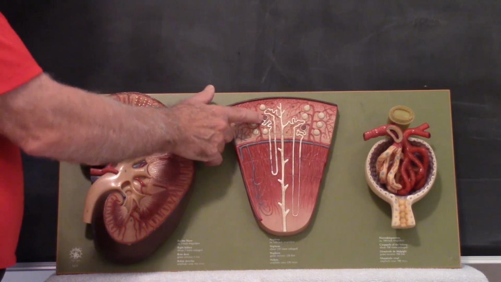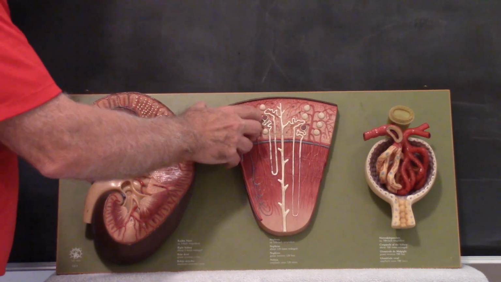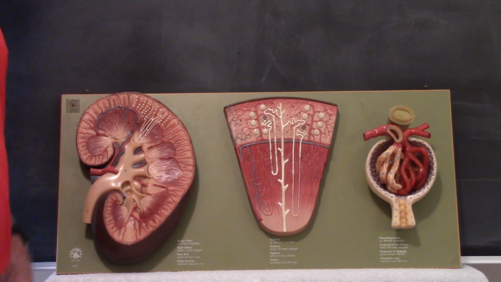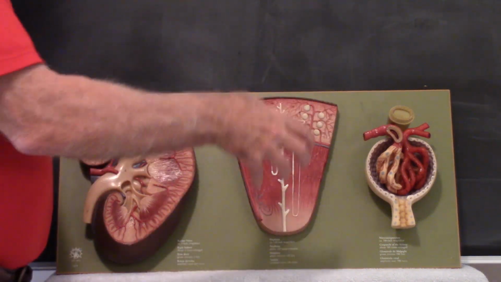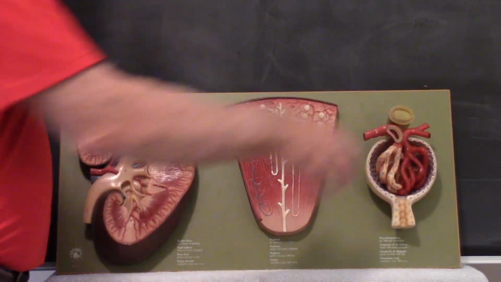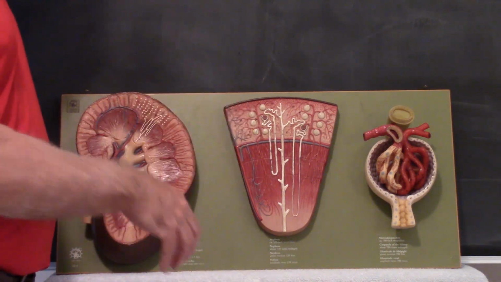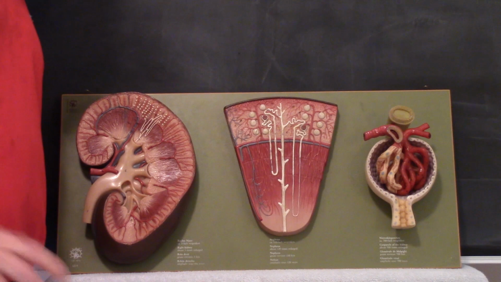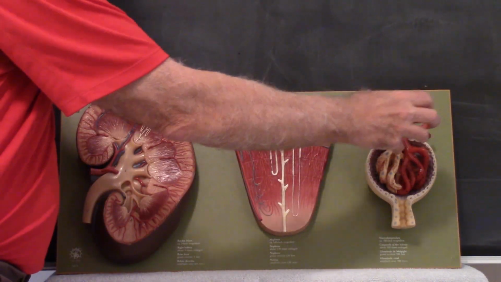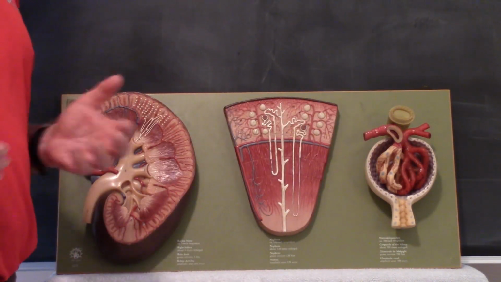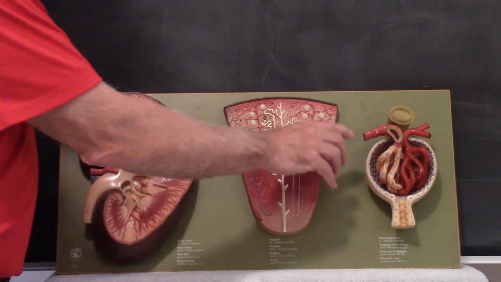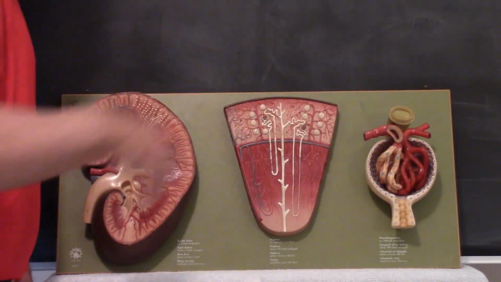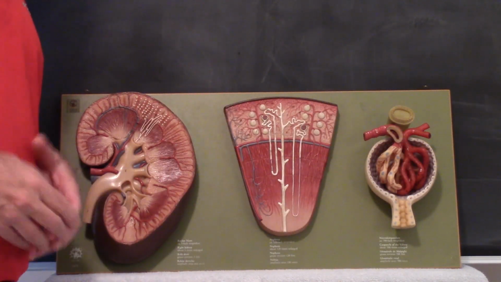And let's take one of these renal corpuscles and make it bigger. So when you look at this large renal corpuscle, you can see that it consists of a glomerular capsule, and inside the glomerular capsule would be a capillary network known as a glomerulus. Now the glomerular capsule goes all the way around the glomerular capillaries.